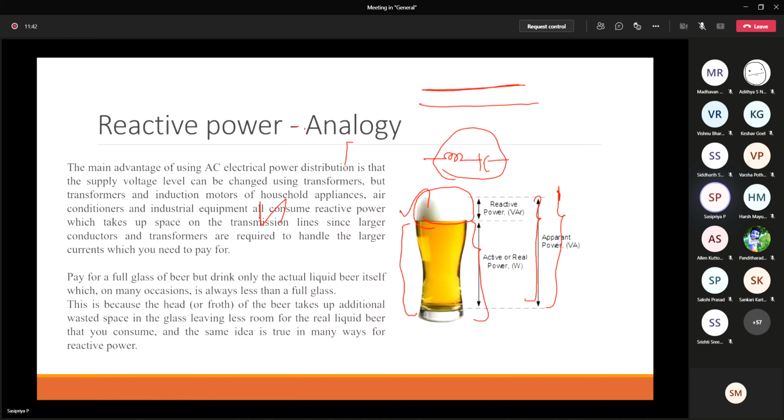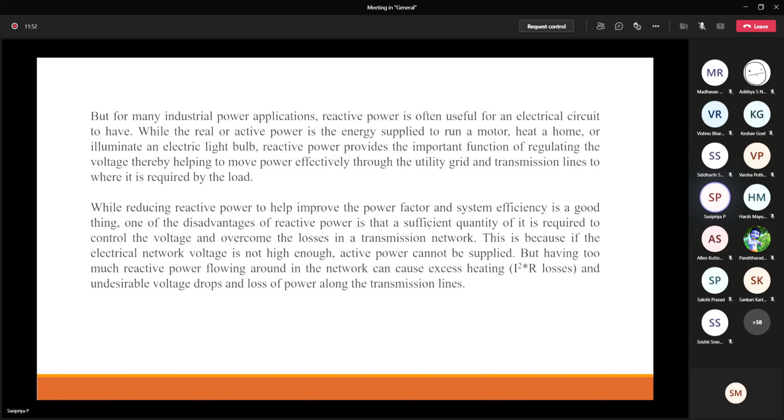Actually speaking, we are not going to get benefit out of this reactive power, because real power is the one. When you take an application like a heater, run a motor or heat a home, the active or real power is the energy supplied to do all these useful functions.